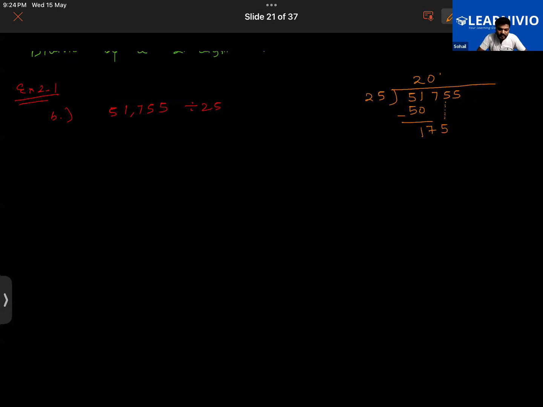Yes, when you bring down one more number, you have to put 0 in the quotient. But you can't go on to bring one more number down, otherwise your question will become wrong. At one time you can bring down one number, and if you want to bring one more number, then you have to put 0 in the quotient.